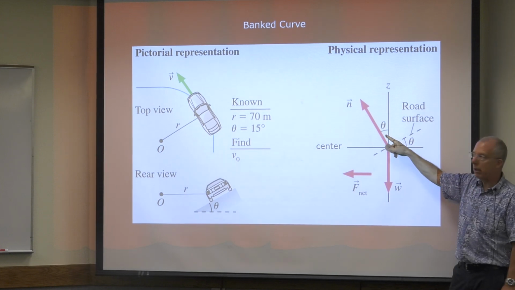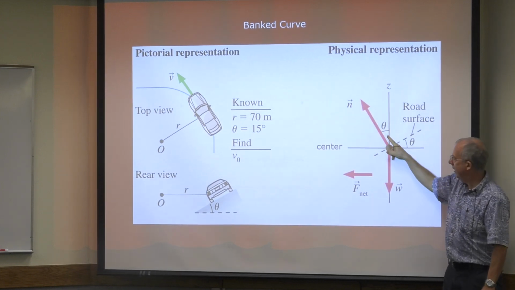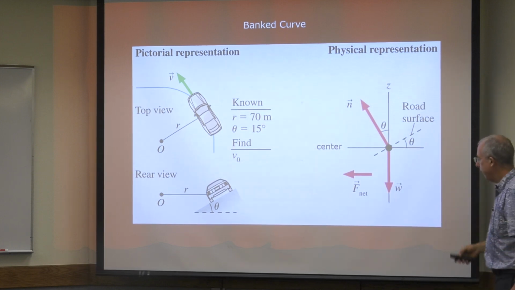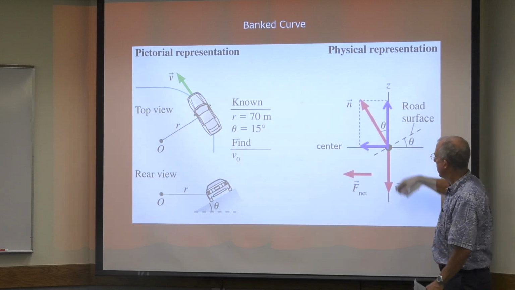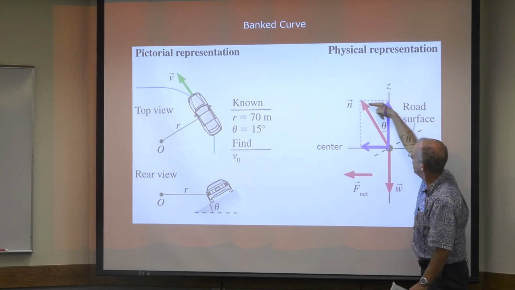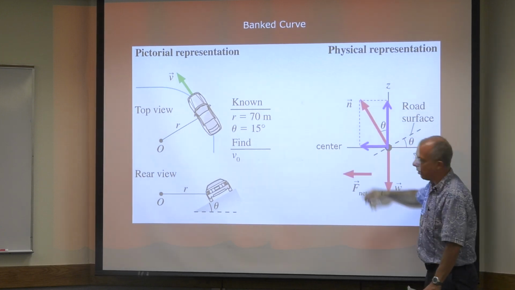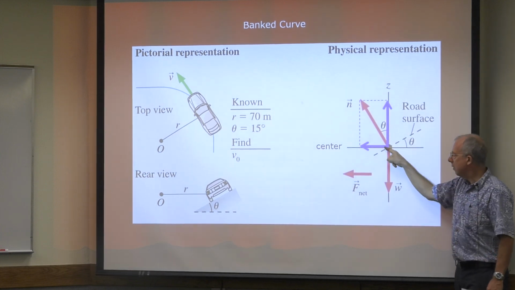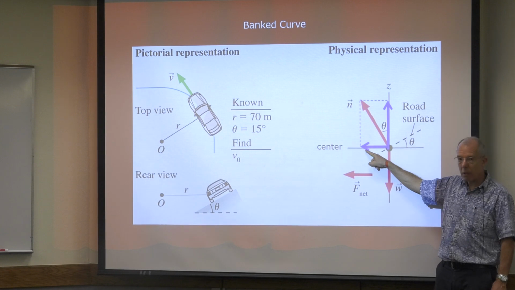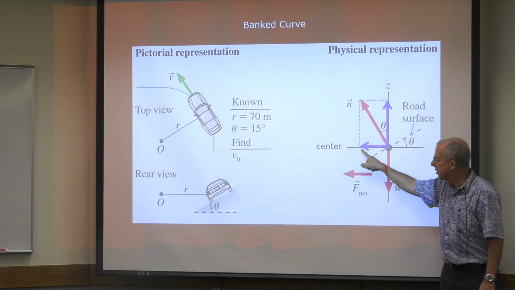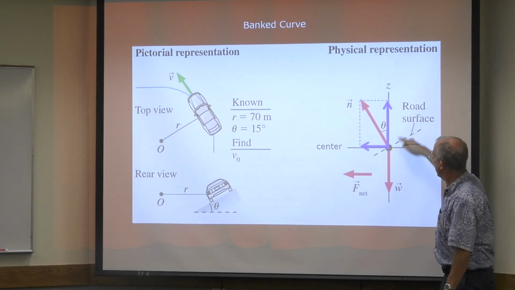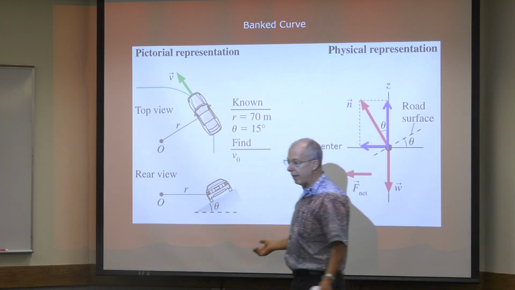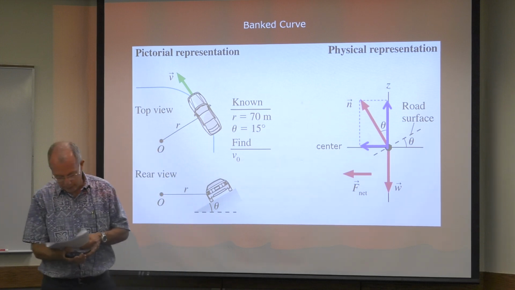What do you do with a vector that points in some direction you don't like? You resolve it. So we resolve it into this piece and this piece. Of course, that piece is the same as that piece, so who cares. This is the force that points towards the center of the circle. So this is the centripetal force. So what is that? That's n sine theta. So n sine theta is the centripetal force.